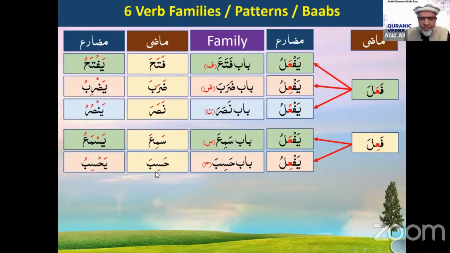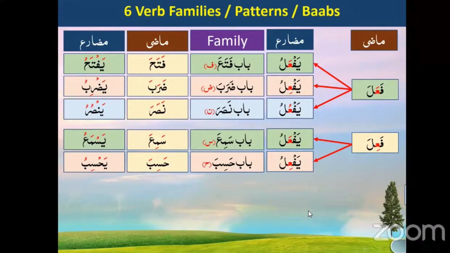It looks the same. Yes, in Madi they look the same, but you have to look at the combination of Madi and Mudare to make sense of this. Making sense? Look, in this Samia, you have the Fatha on the Ain Kalima. In the Hasiba, you have the Kasra on the Ain Kalima. Is that making sense?